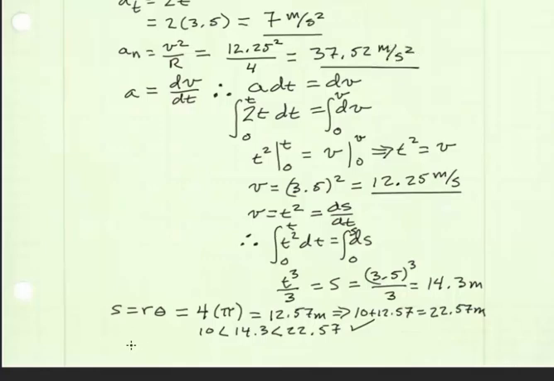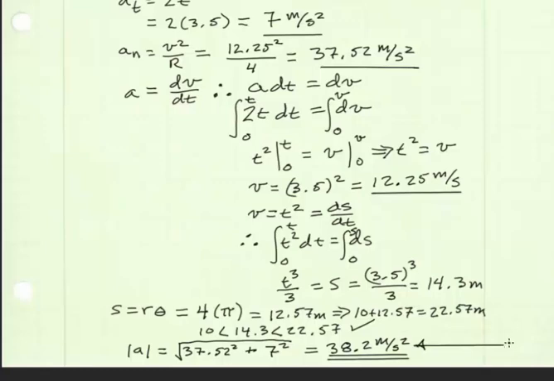Now we can come down and get the magnitude of our acceleration, which is equal to the square root of 37.52 squared plus our tangential acceleration, which we found to be 7 squared. We'll get a magnitude of acceleration of 38.2 meters per second squared, which is our answer.